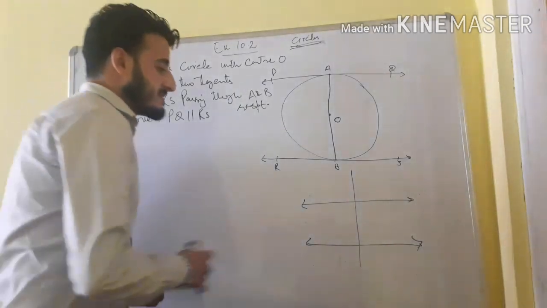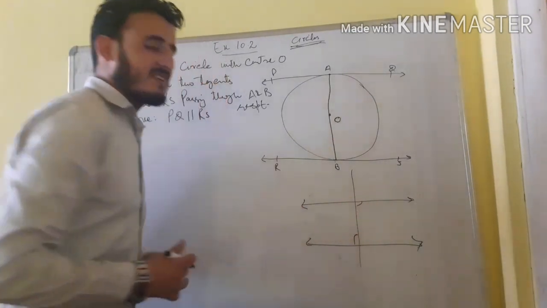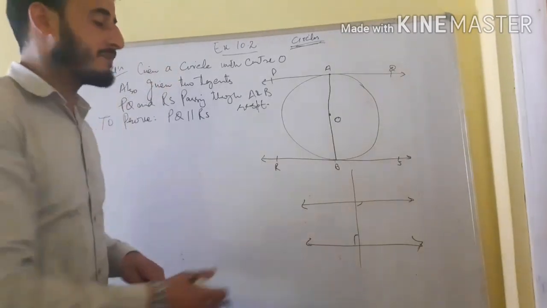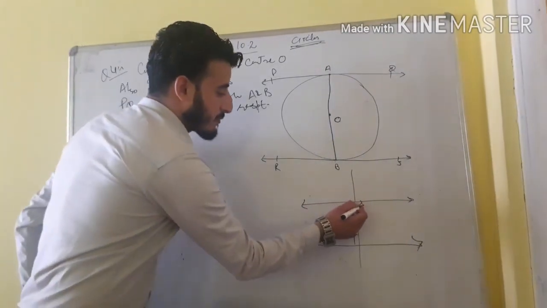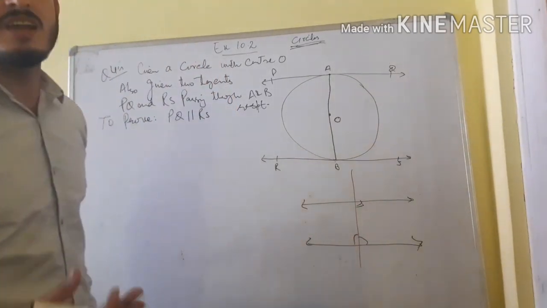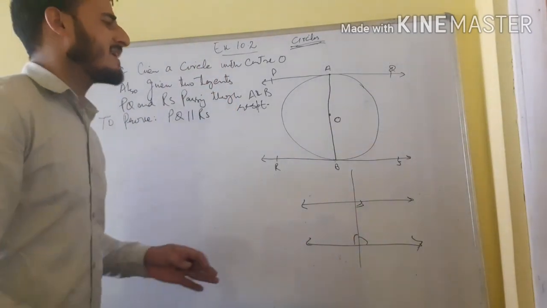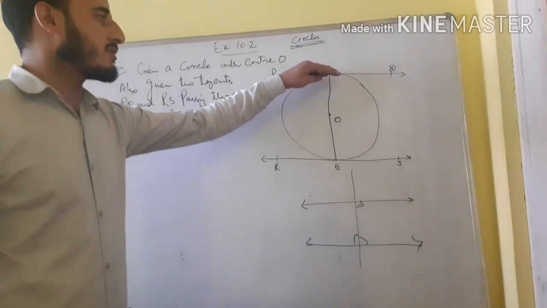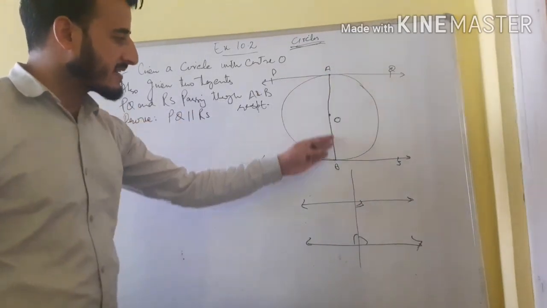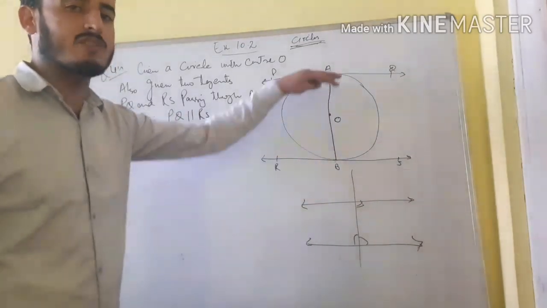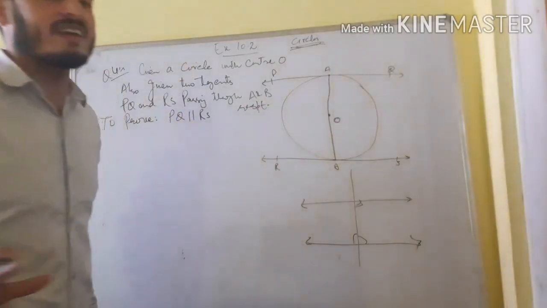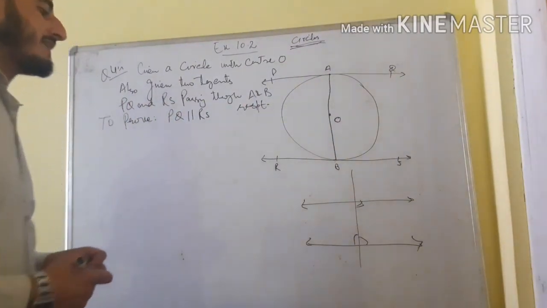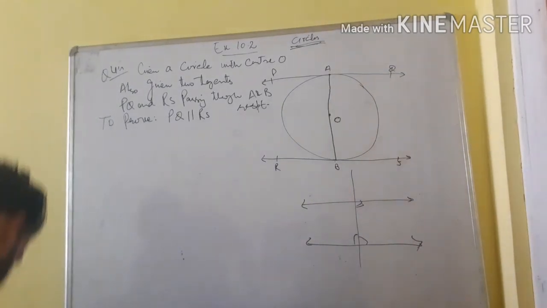That means if alternate angles are equal here, then we say lines are parallel. If the corresponding angles are equal, we say lines are parallel. If the sum of co-interior angles is 180, then we can say lines are parallel. In the same manner, we are going to consider this as the transversal to these two lines and show that the alternate interior angles are equal, then we say that lines are parallel. Hope you understand the concept very well.